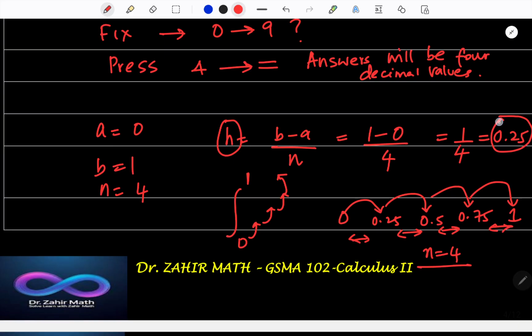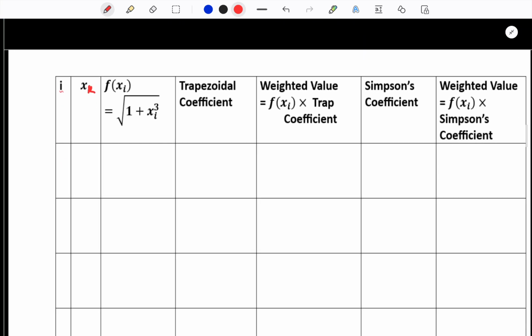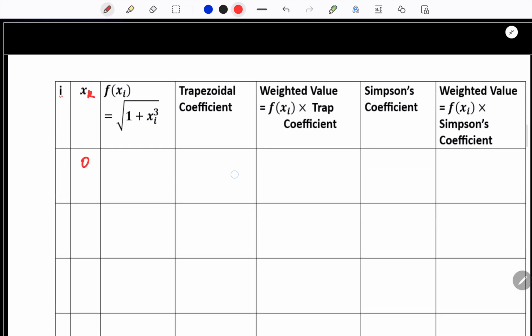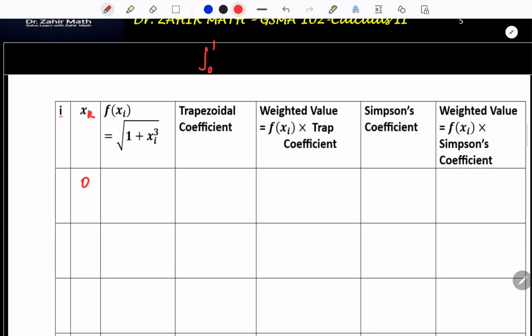You are jumping with the h value, not every time 0.25; it will be different for other problems. We jump from the starting value 0 to the ending value 1, which we got from the integral 0 to 1.